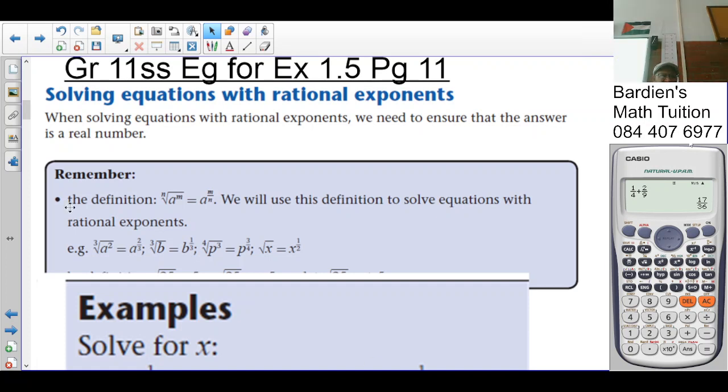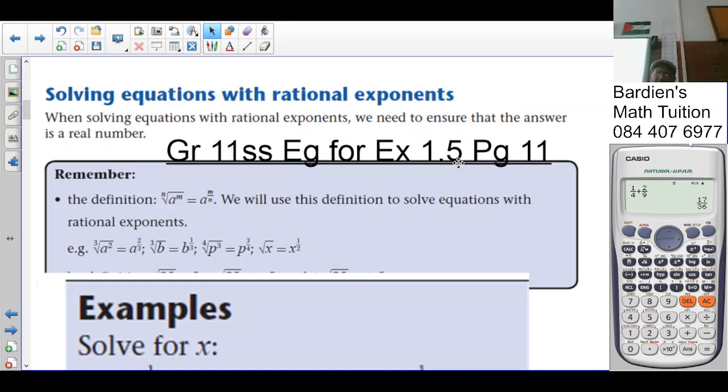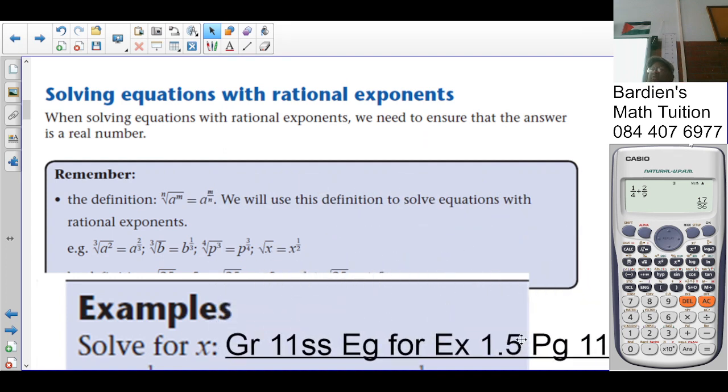Okay, so just something here quickly. We are saying it's examples for exercise 1.5, or should it be examples of exercise 1? It's 4 correct? You sure? Okay, I think the grade 10s said it was "of". They're wrong. So why must it be "of" and not "for"?